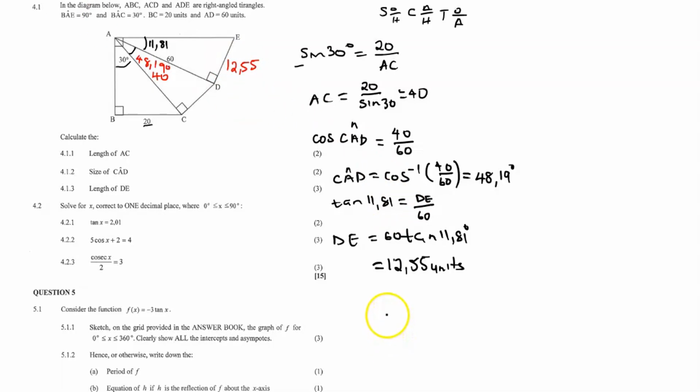And then we go to 4.2. They say solve for x correct to one decimal place, and it's in the first quadrant. Your x is greater than or equal to 0 but less than or equal to 90.